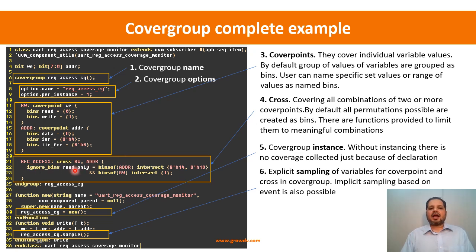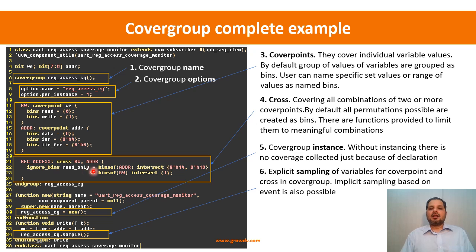And then here I am defining some bins that are not relevant. What I am saying is bins of address, which gives me all these bins, intersect with 14 and 18. Of course I have not shown those bins because I removed them to save space, but bins were defined for 14 and 18.